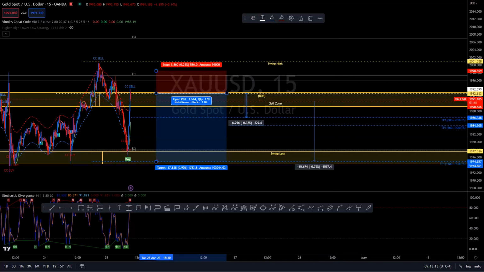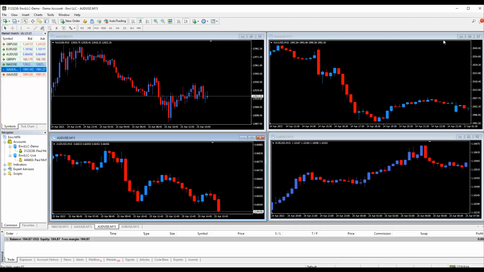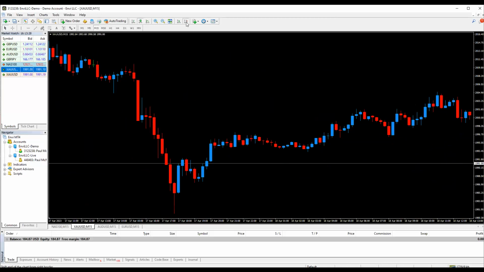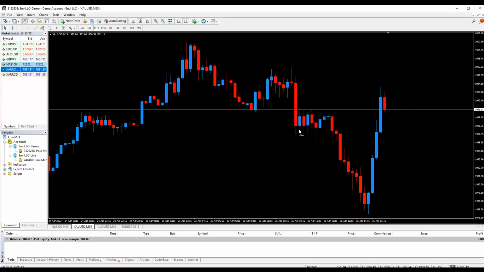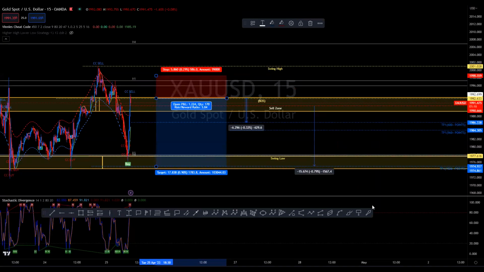We might actually do that on the MT4 here, so we can pay more attention to price action. We might be using this chart here, so we can really focus on what price is trying to do as far as the big candles and all of that. We'll give it about a minute or so until the 9:15 candle closes, then we'll set everything up and see what we get. Be right back.